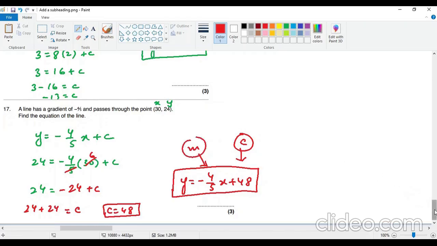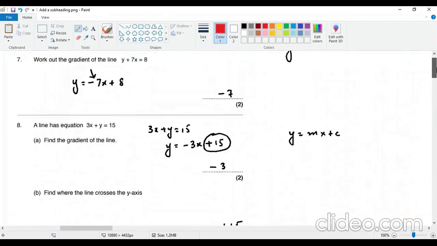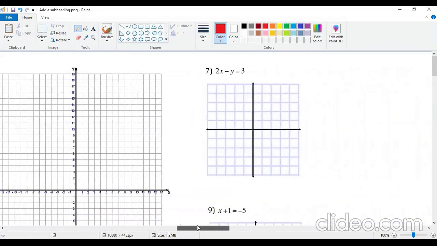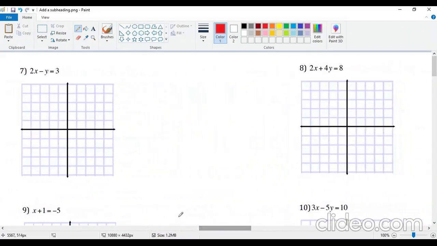Now I have selected a few questions which are not that easy for some students. They find it difficult, so I have selected these questions and we will be plotting them. First of all, always remember that to plot the graph you should have your equation in terms of y equals mx plus c.